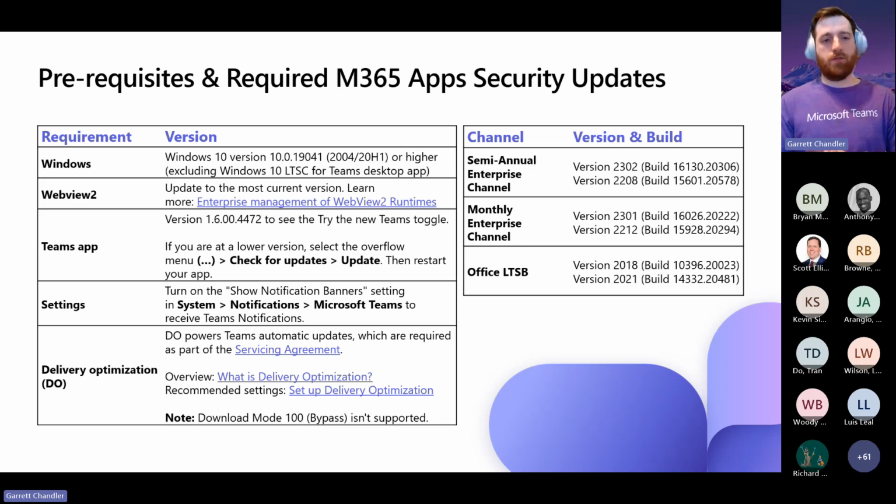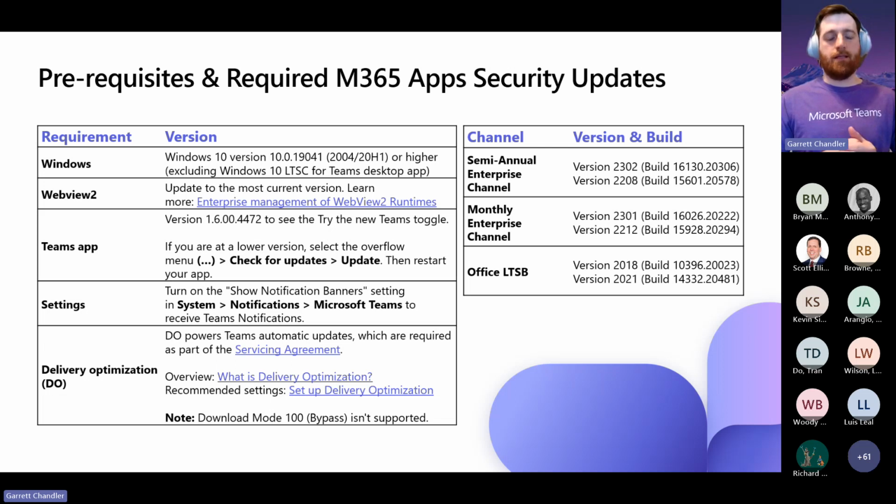So let's talk about those prereqs. For the new Teams client, you have to be at least on Windows 10 version 20H1 or 2004, however you want to call it, or higher. So you have to be running a semi-recent version of Windows 10 in order to get that. If you're on anything below 2004, that is not supported.